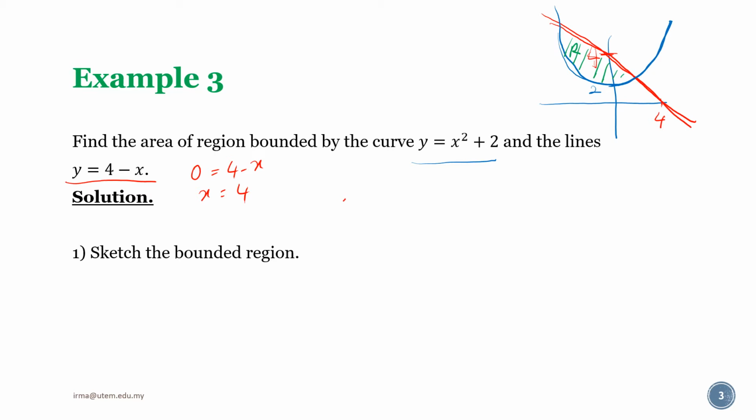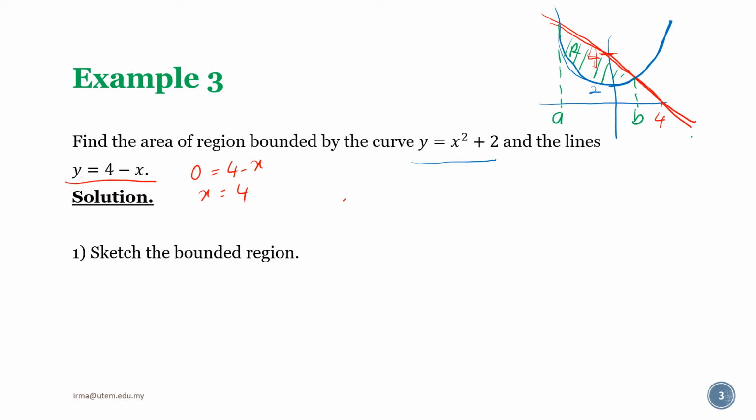To find the area, you need to know the limits of integration, right? We have the function, but we do not know the limits of integration. So you need to find these two values, a and b. How are you going to find the values of a and b?